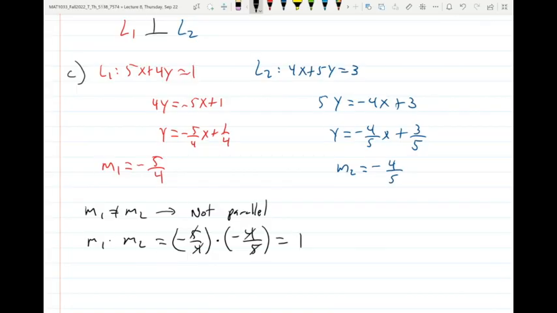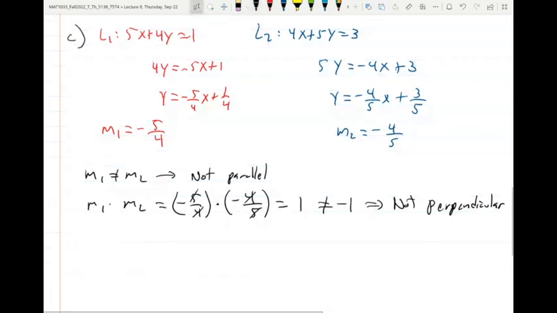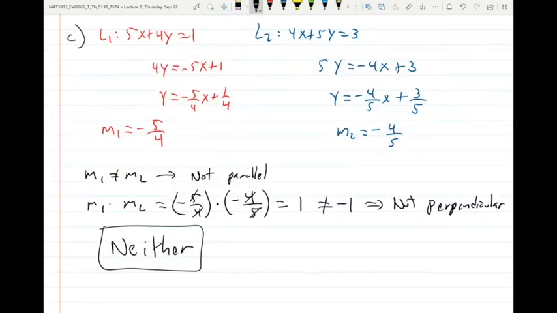The 5 and the 4, so you get +1. So this is not -1, so not perpendicular. So if they are not parallel, if they are not perpendicular, they are neither. Okay? The answer here is neither.